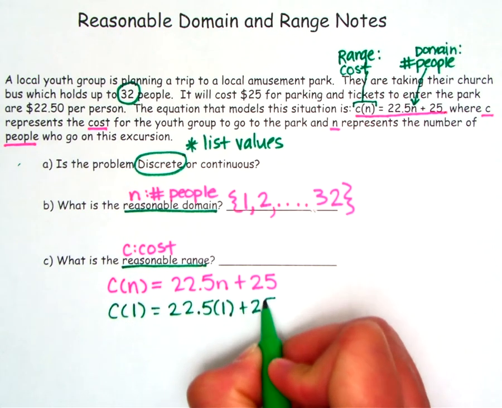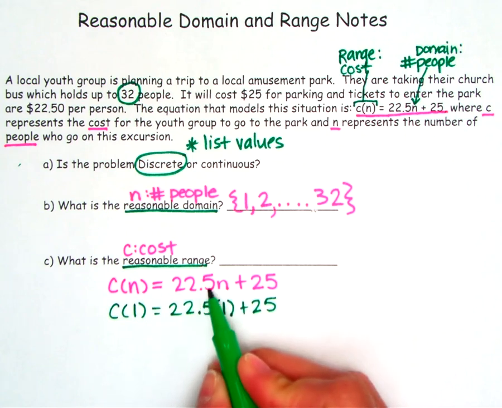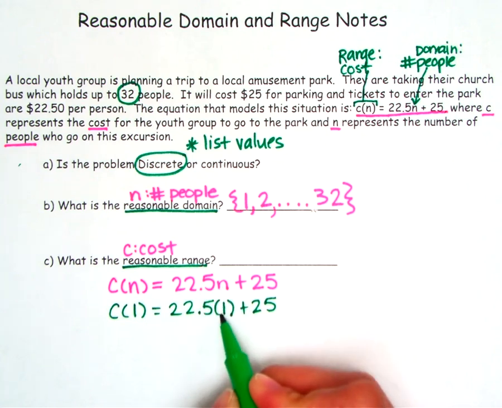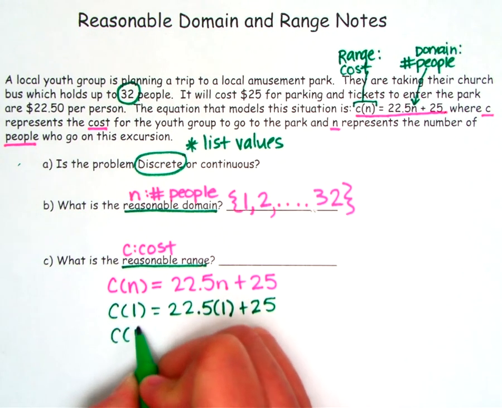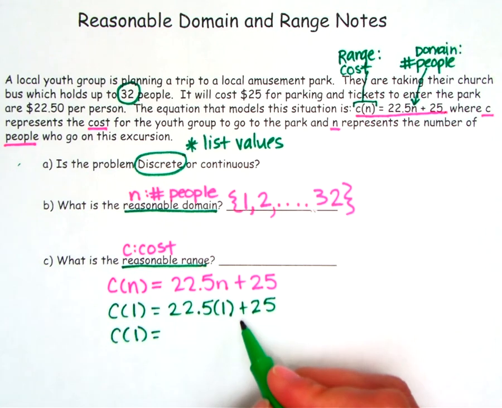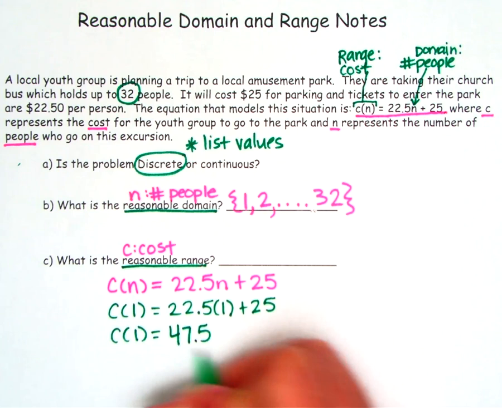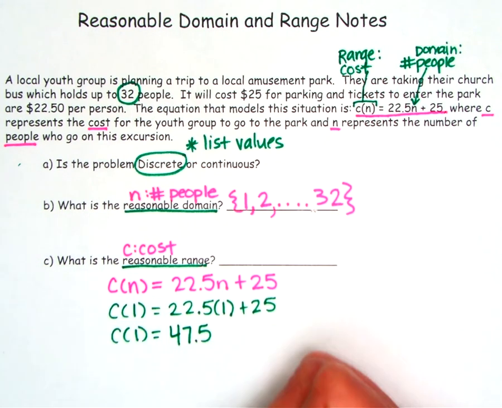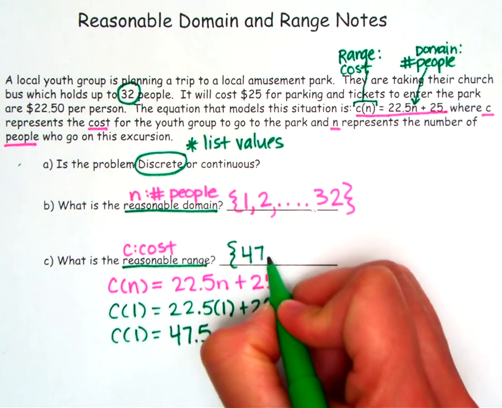When I plug in 1 for n, I'm using parentheses because 22.5n is 22.5 times n, times 1. So when I take 1 person on this trip, it would be 22.5 times 1 plus 25, 47.5. And this would begin the cost if we took 1 person. So my range would begin at 47.5.